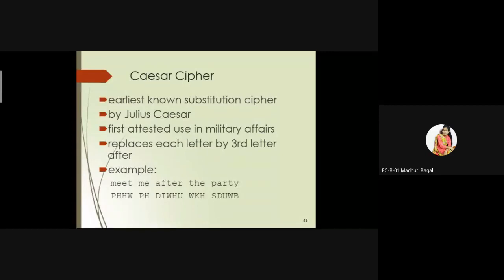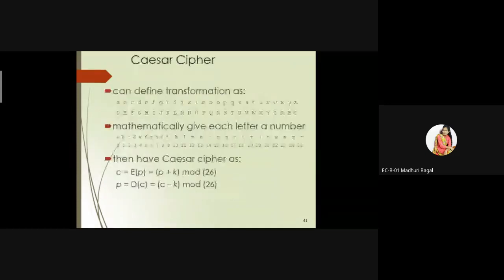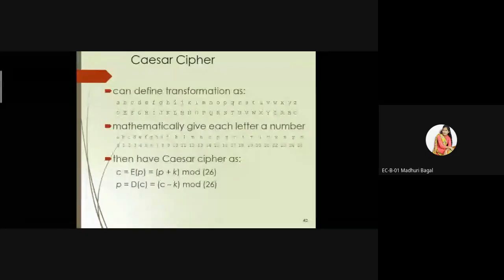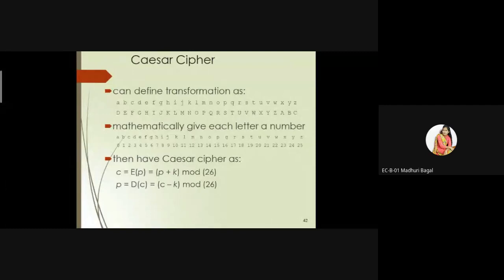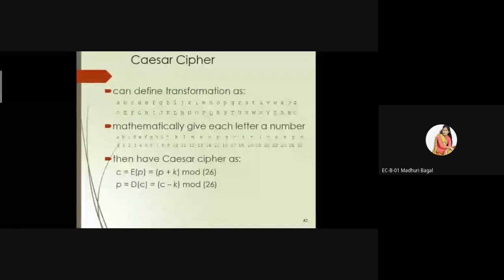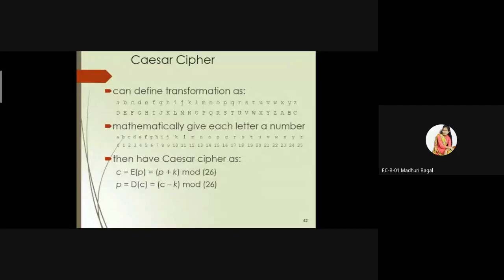Basically, in a Caesar cipher, we substitute the third letter from its original position.